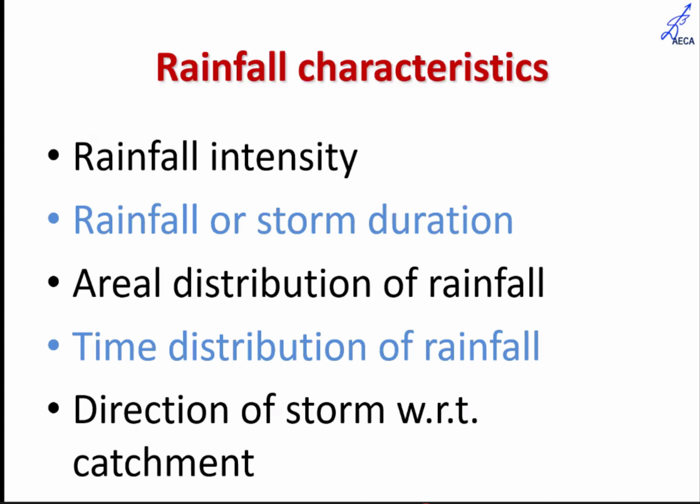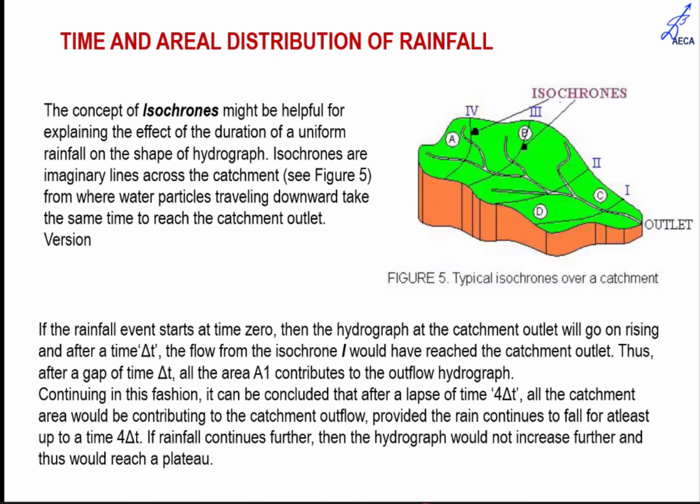Now we come to the rainfall characteristics. The rainfall is basically characterized by the rainfall intensity, the rainfall duration, the areal distribution of the rainfall, the time distribution of the rainfall, and the direction of the storm with respect to the catchment.